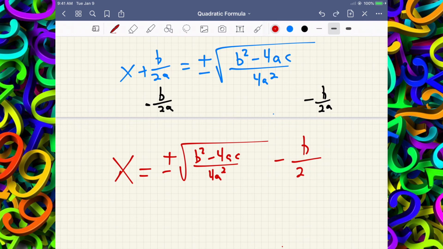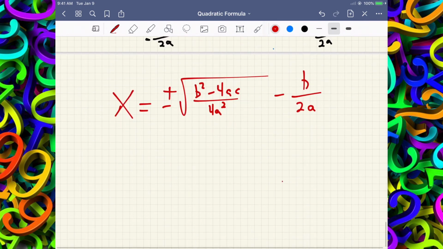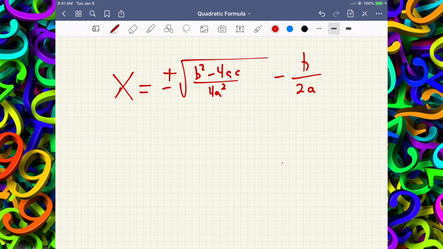My a looks a little funky. Now, this is technically the quadratic formula. But we're going to simplify it a bit, and you're going to see we get what we've seen all along. Now, let's find a little bit of this square root really quick. We don't know how to find the square root of our numerator.